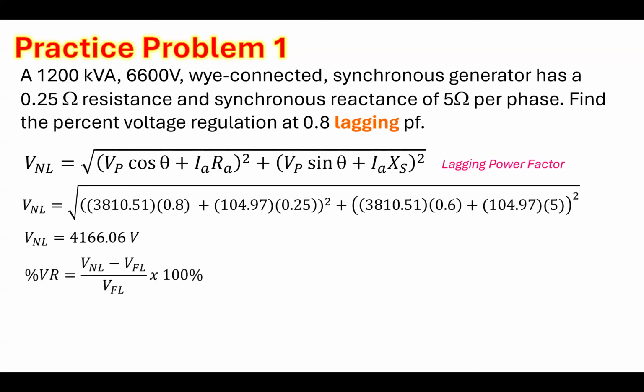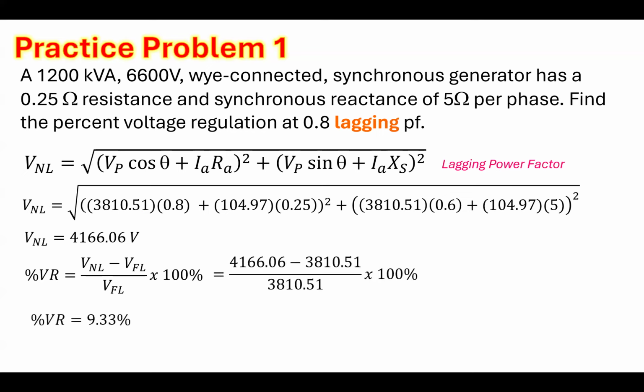So having these values, we can use our equation now for the percent voltage regulation. We simply plug in the values for the no load voltage and the full load voltage. Then our voltage regulation will be 9.33%.